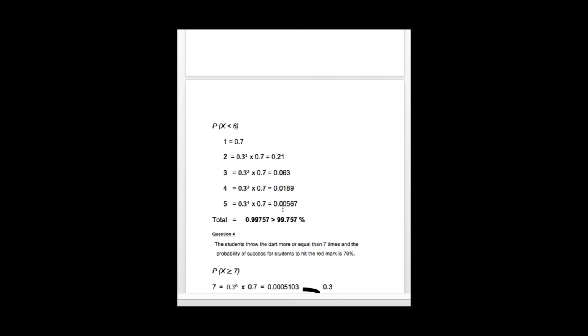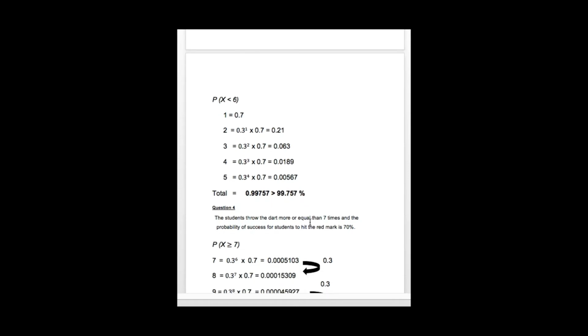The total of these answers is 0.99757, which is equal to 99.757% probability of success that the student gets.